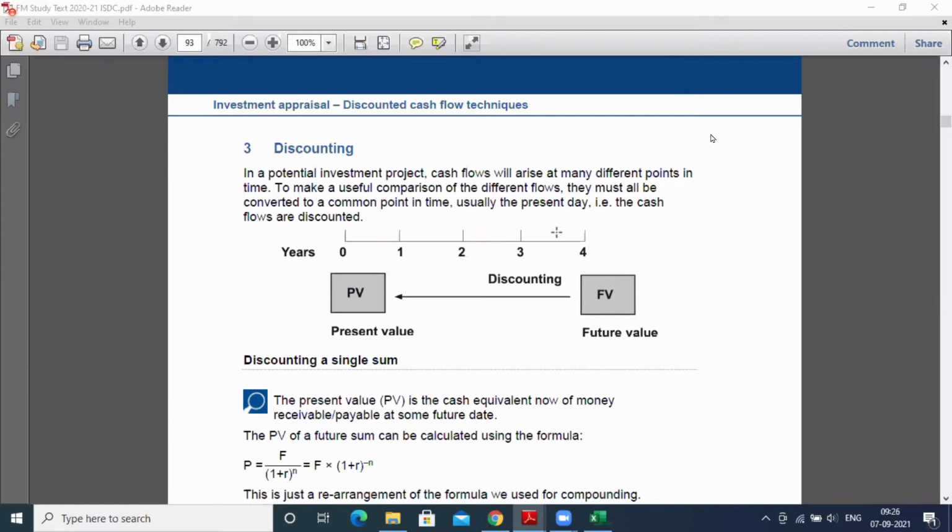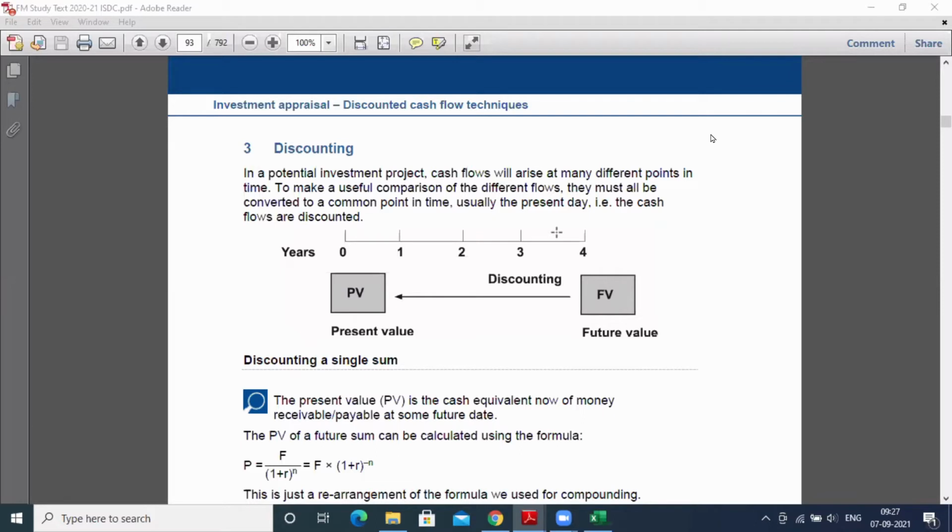Because in order to eliminate the uncertainties in the future, we need to convert all the future expected cash. Suppose I invested in a project with $1 lakh, and the project will give a cash flow of 30,000 after 1 year. In 2020, I invested 1 lakh, but the first cash inflow from the project starts in 2021.